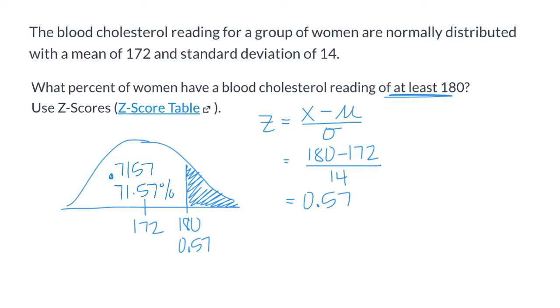So when you look up a value or a percent in the table, it's always going to give you the area to the left of that z-score. And we want to the right, we want the shaded area above it. So we do 100% minus 71.57%. And then we'll get our answer, which is 28.43%.